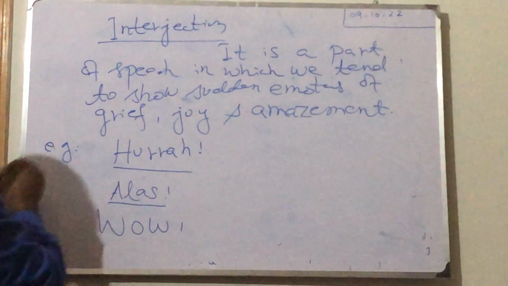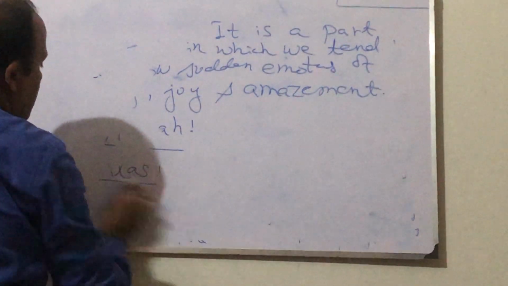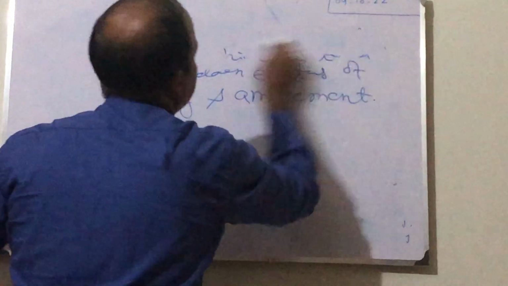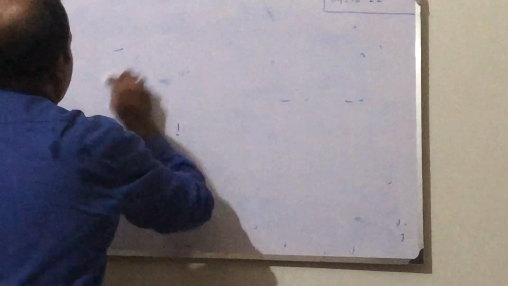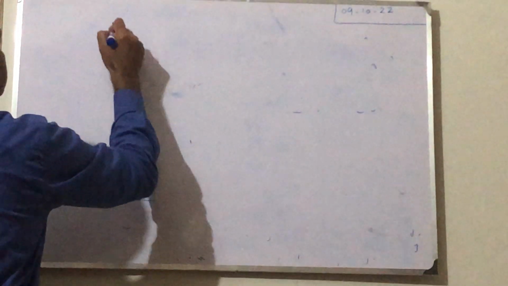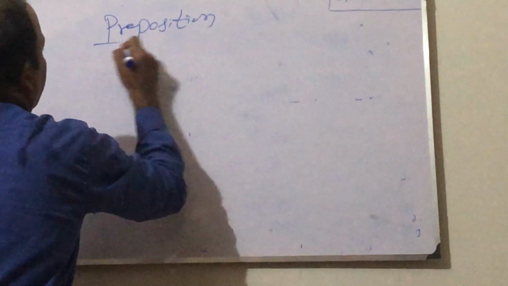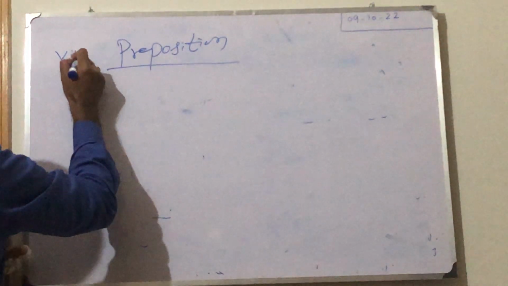Now, the last here, the eighth one, which happens to be preposition. So let's simply move into preposition. Alright. Prepositions. Okay. This is number 8.